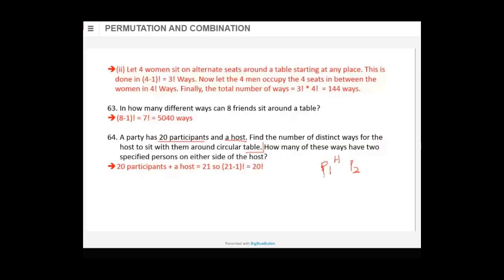3 का ग्रुप बनाया ना. तीन जन का ग्रुप बनाया मैंने. So other than the group, how many people are left? 18, 18 others.